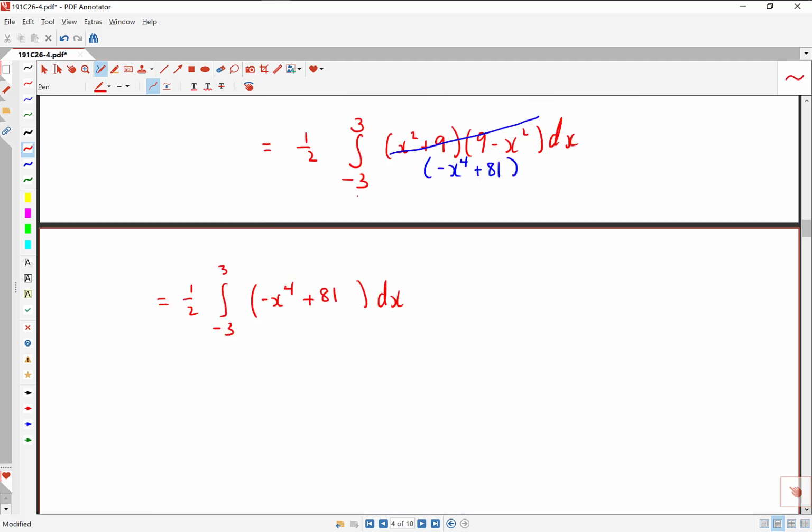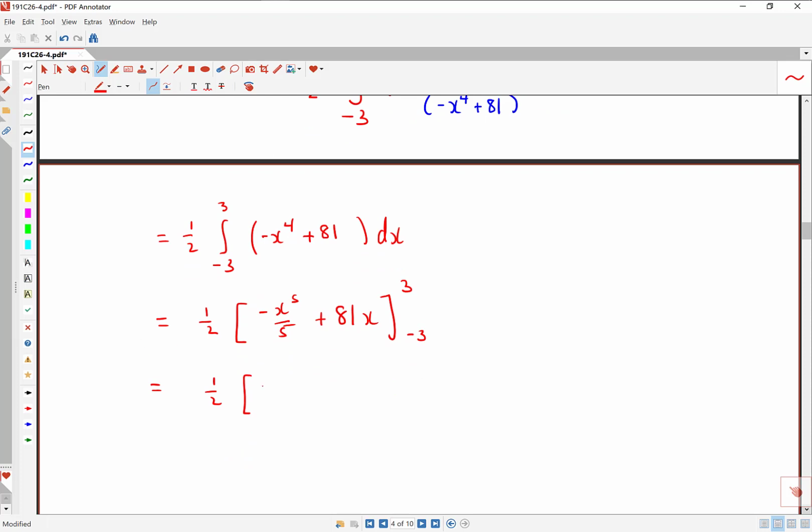All right, so I've just recopied our integral on a new page and we're ready to go with our integration. So we've got 1/2 times, we're going to do our integration, get negative x to the 5th over 5 plus 81x, and we're going to be subbing in 3 and then negative 3. So we're going to keep this 1/2 out in front.